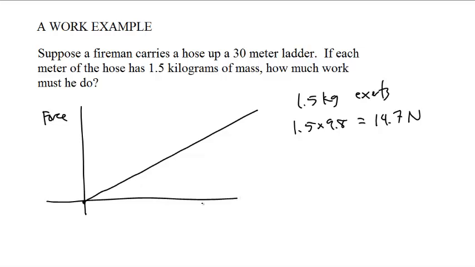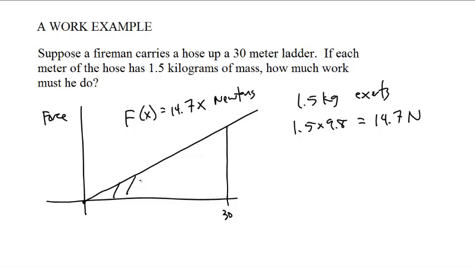So this guy is going from 0 up to 30 meters, and the force of the hose in terms of x is 14.7x newtons. If that makes sense. So every single meter of that hose weighs 14.7 newtons.